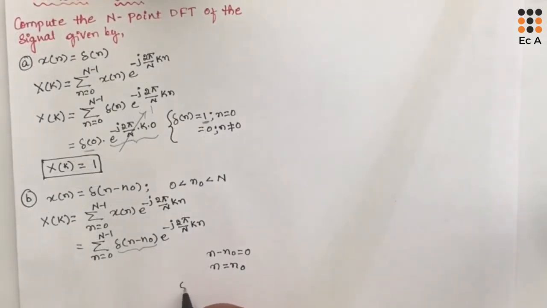So we can write delta of n minus n naught will be equal to 1 when n is equal to n naught and it will be equal to 0 when n is not equal to n naught. So only when n is equal to n naught this term will become 1. For other values this term will become 0.